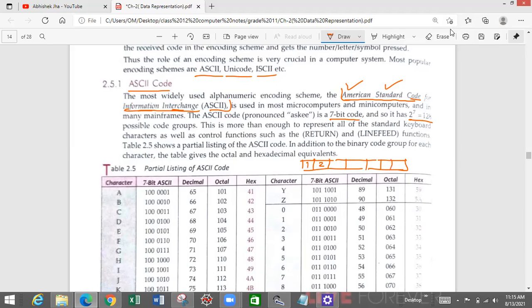Bit number 1, 2, 3, 4, 5, 6, 7. Since we are dealing with a binary number, for any bit, whether you are talking about bit number 1, 2, 3, 4, 5, 6, or 7, there are only 2 possible cases. Either you will store a 1 or you will store a 0.